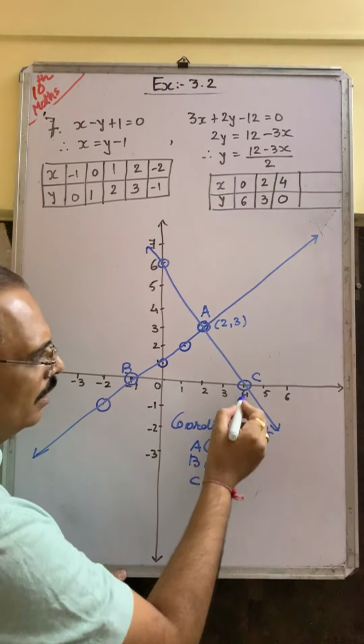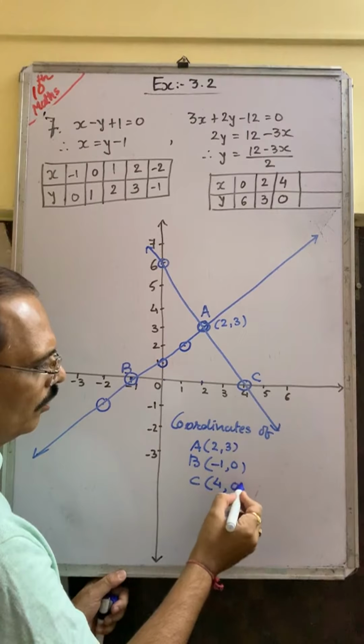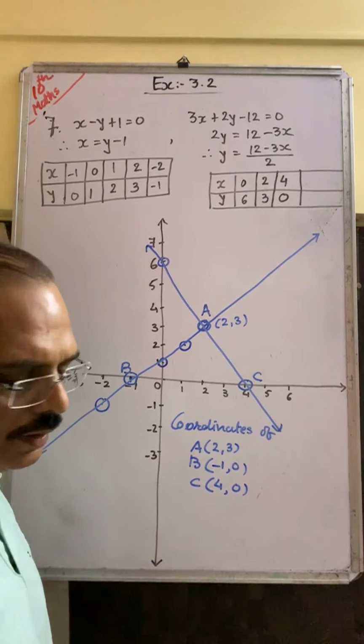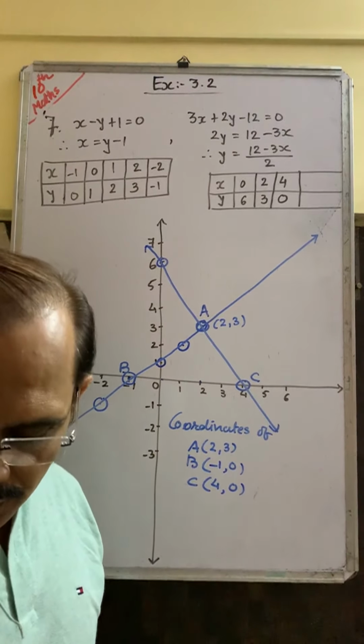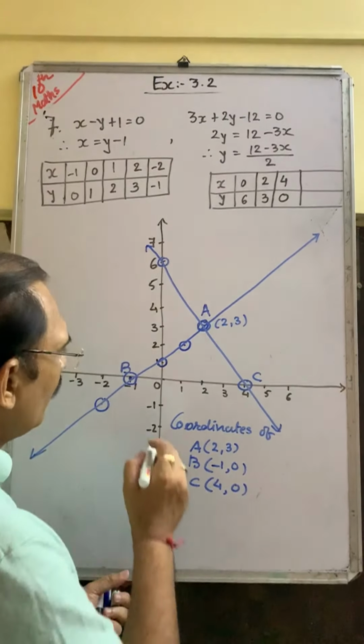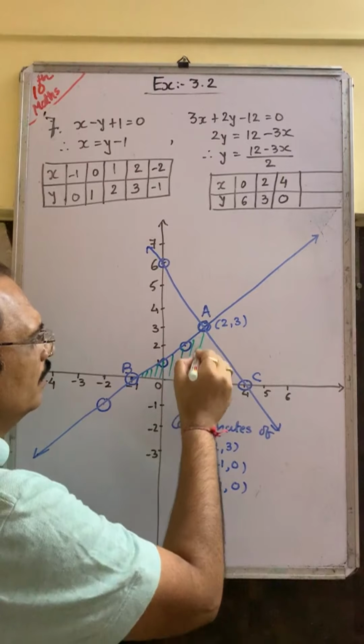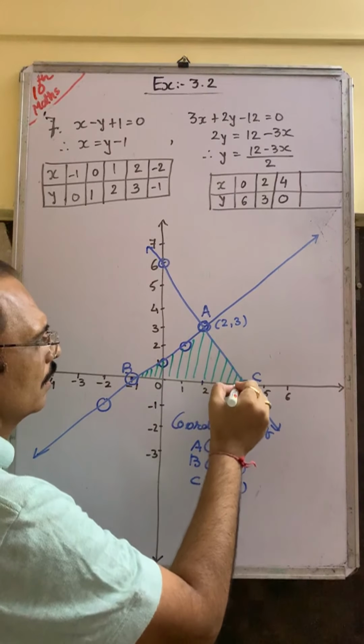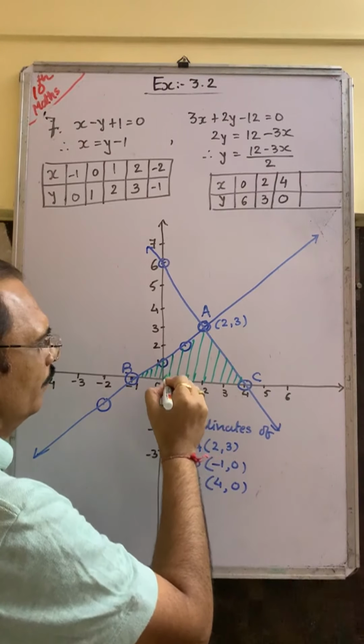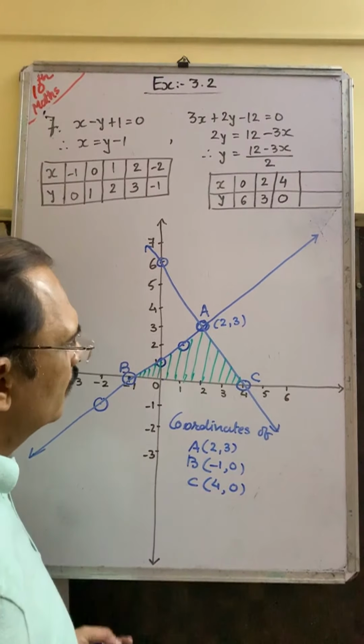What about C? X coordinate 4, y coordinate is 0. Is it okay? And then shade the region. Triangle ABC is formed. You have to show why it is shaded. Is it okay? This is your exercise 3.2.